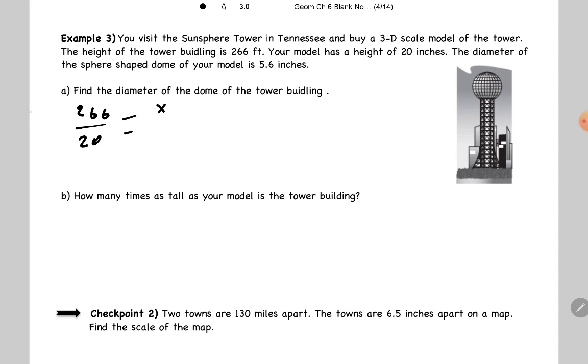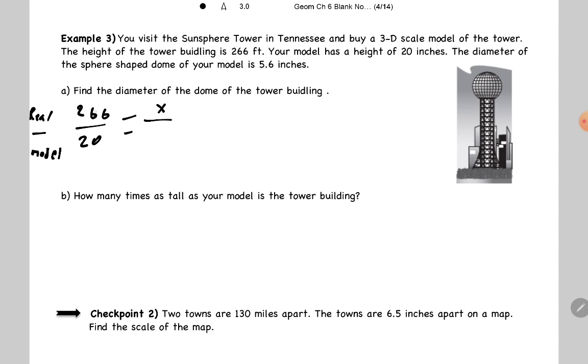So let's call this real over model. I'm doing real over model. You can do it either way. You can do model over real, as long as you keep your numbers correct.